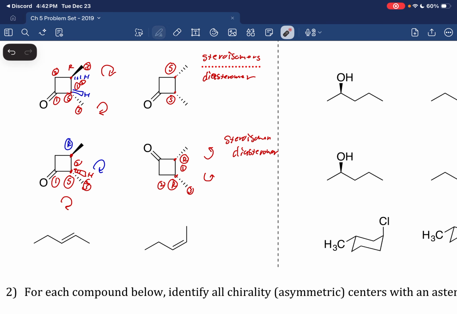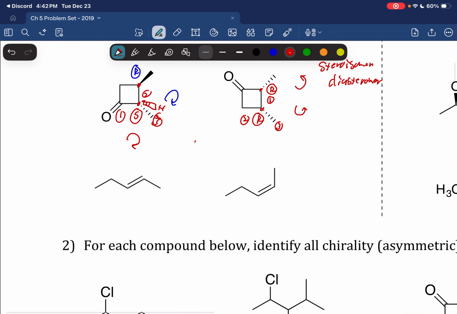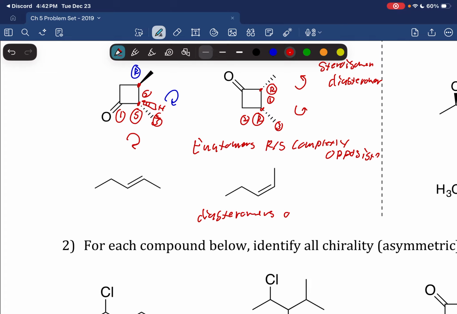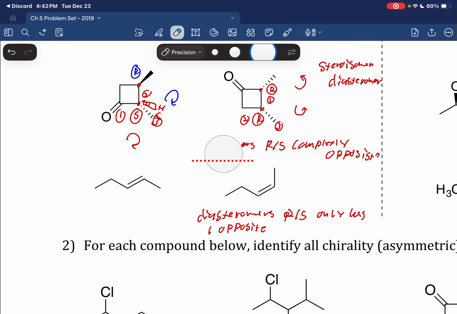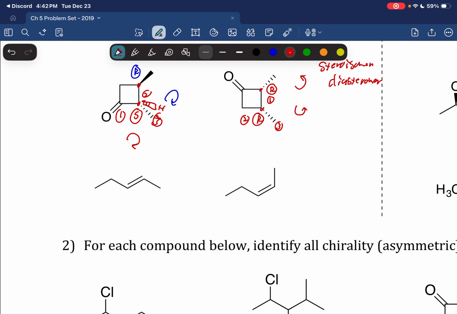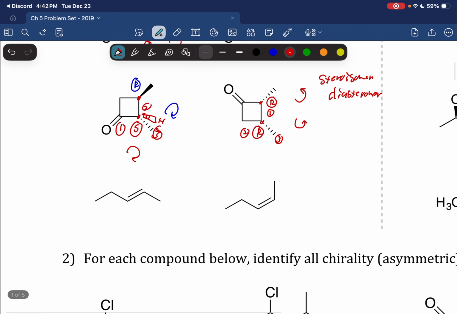So I didn't mention this before, but remember, enantiomers, R and S completely opposite. Diastereomers, R and S only has one opposite. Okay, let me erase this so it's not super clunky on the page. This part is a little tricky.